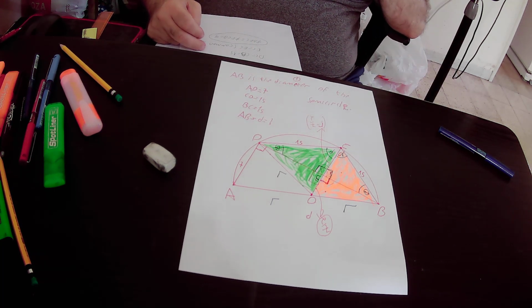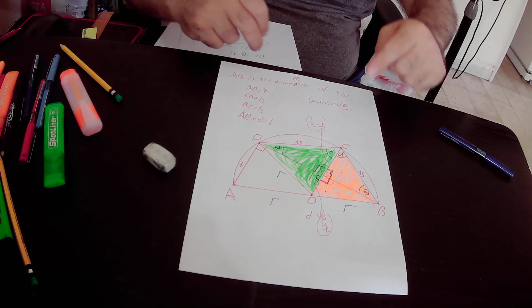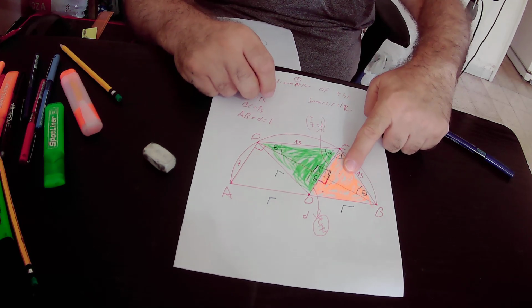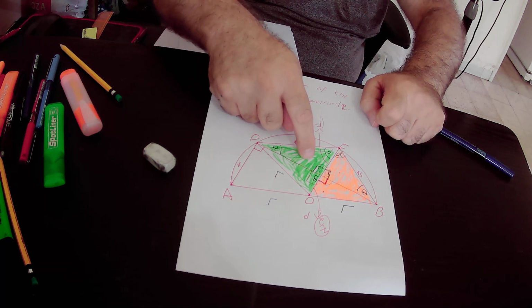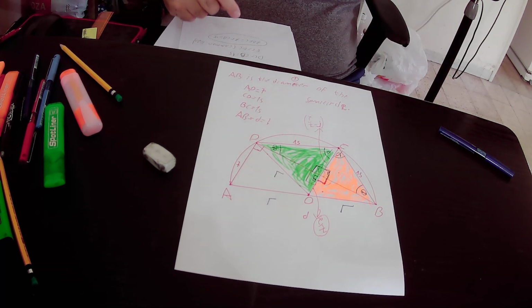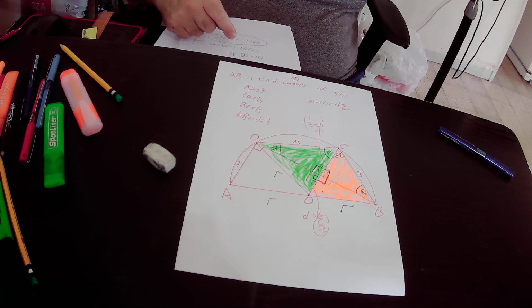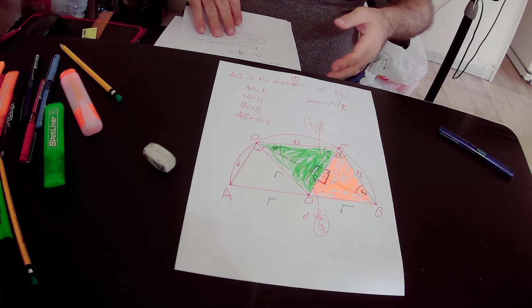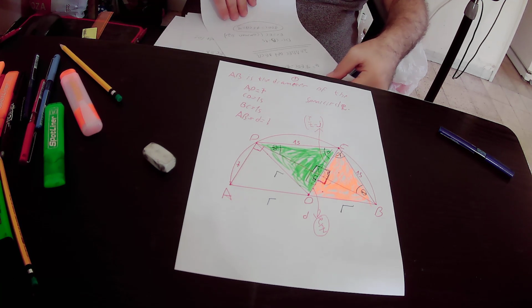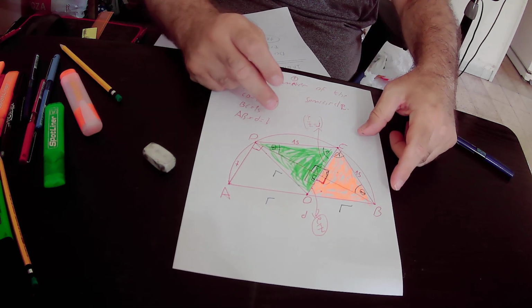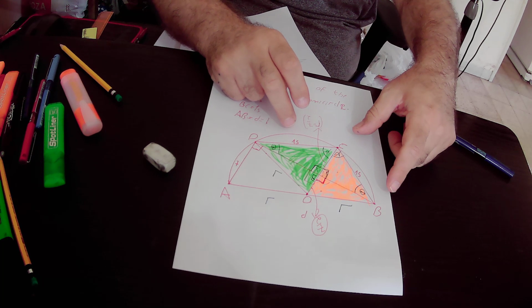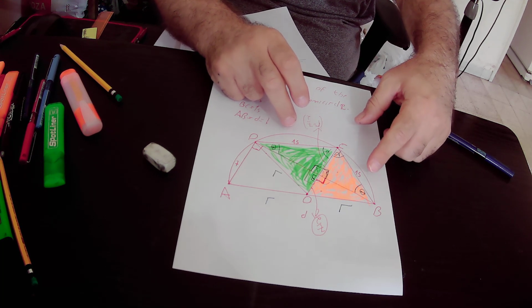And then we focused on the two triangles, triangle ECB and triangle DEC. On those two triangles we have side DC of the green triangle equals side BC of the orange triangle.